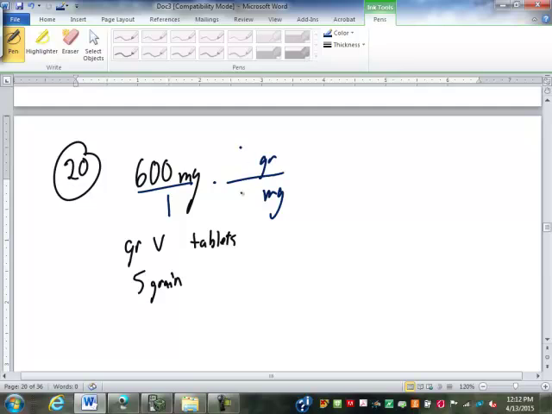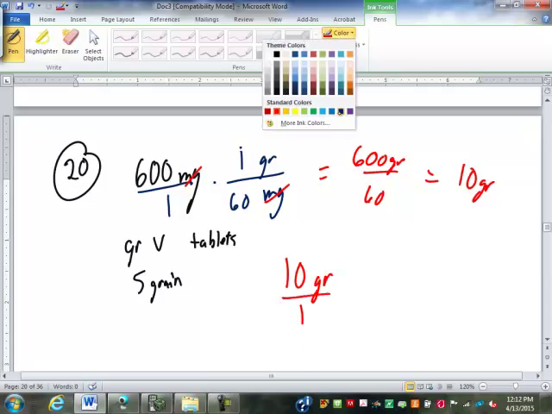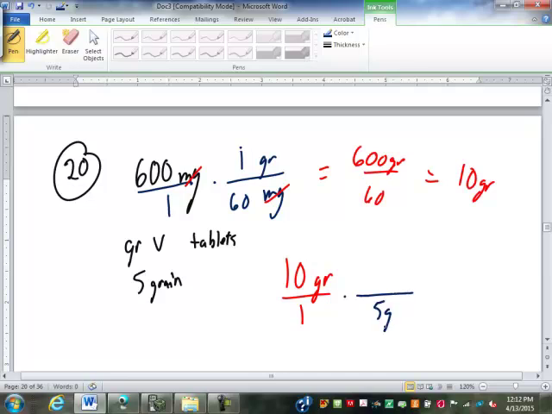You know that 1 grain is 60 milligrams. So that's 600 over 60, or 10 grains. So we're ordered to give 10 grains, and we have 5 grain tablets. So grains cancel out. We have 10 tablets over 5, or 2 tablets.